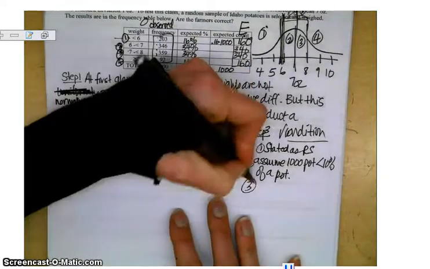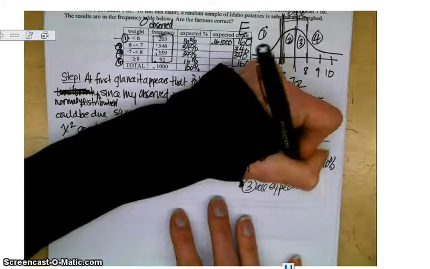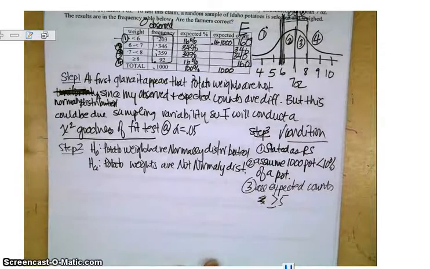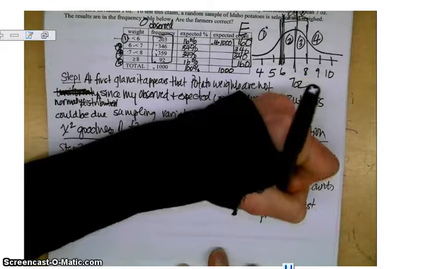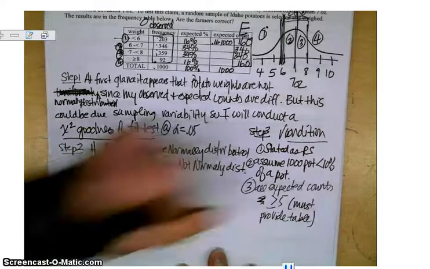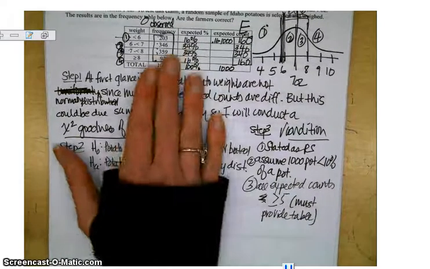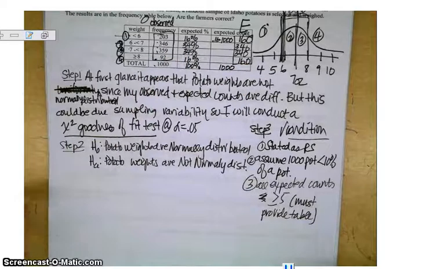And third, all expected counts are greater than or equal to 5. You must provide the table, and we've already done that. We don't have to provide it again. This proves that our expected counts are all greater than 5.